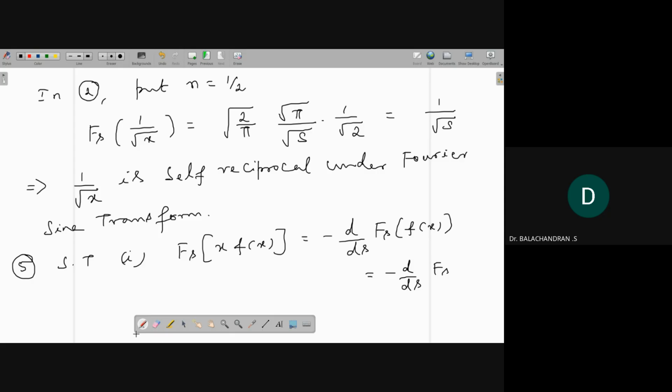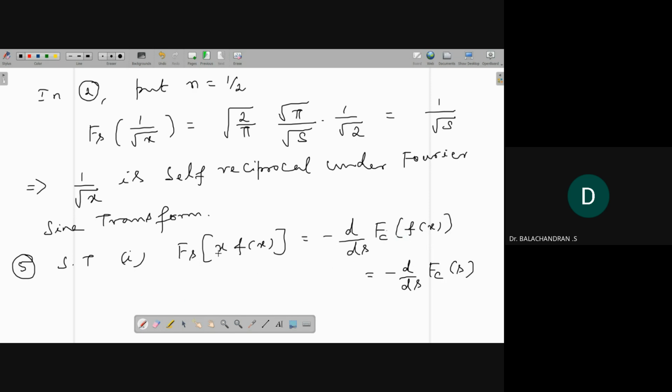Sorry, here I made a mistake. It's not Fs, this is Fc of f of x. Here also Fc of s. So Fs of x into f of x is equal to minus d by ds of Fc of f of x.